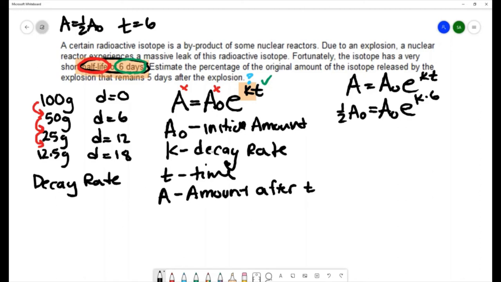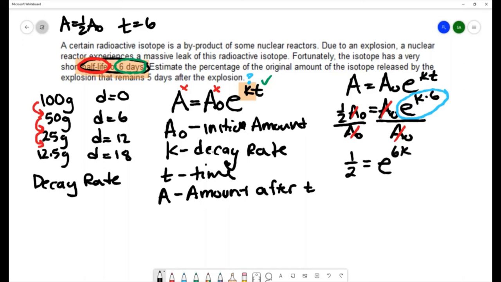I'm going to solve this exponential equation by first isolating the exponential. We isolate the exponential by dividing both sides by A naught. This cancels out A naught on the right as well as the left. And we have 1/2 equals e to the 6k.